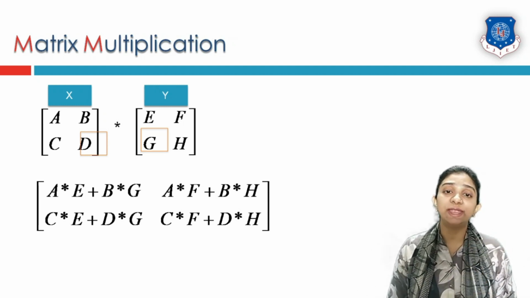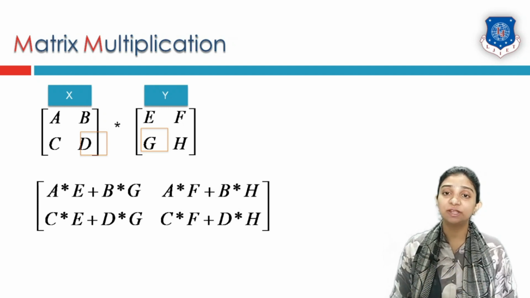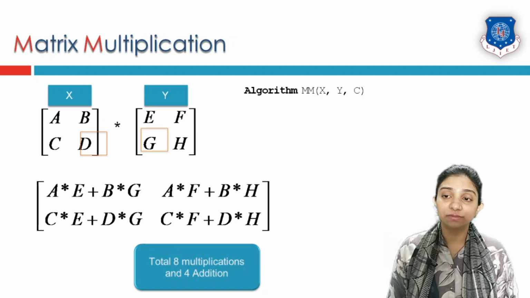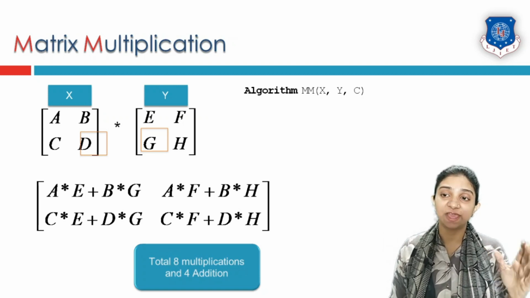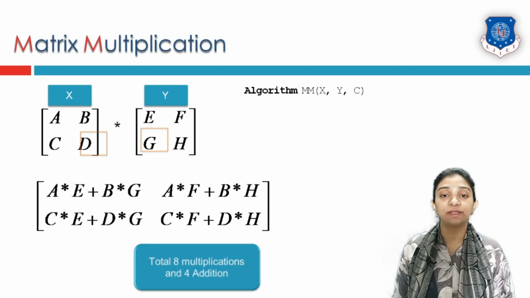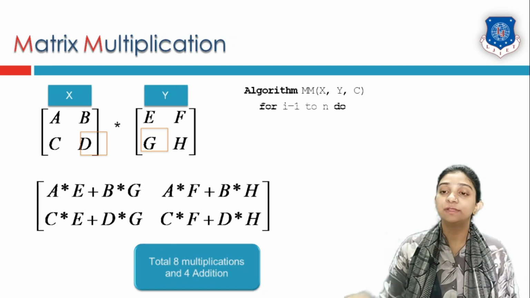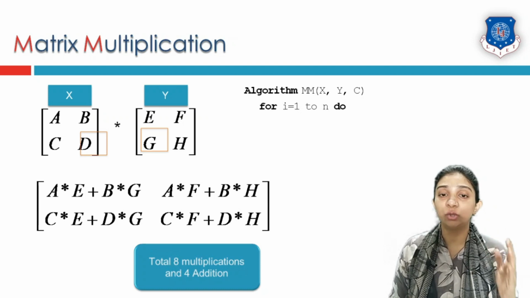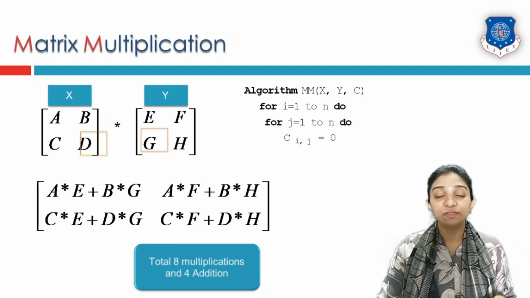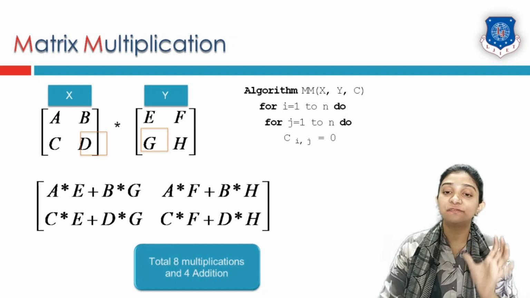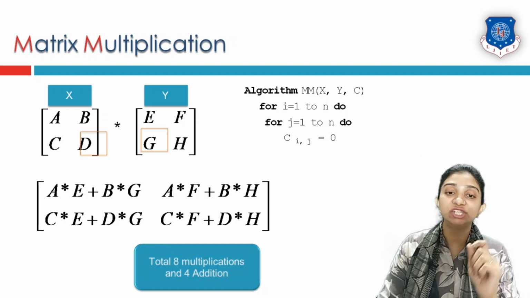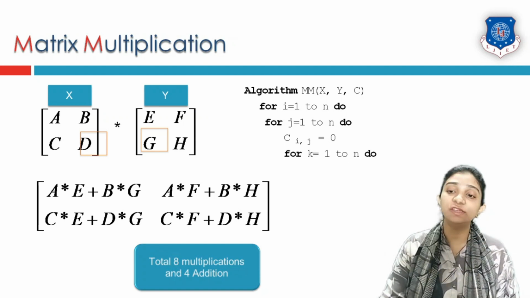If we are going to write an algorithm for this matrix multiplication method, it would be like: algorithm to multiply two matrices X and Y, which is also going to get calculated in a third matrix C. So for i equal to 1 to n, for j equal to 1 to n, C of ij, that means the final matrix row and column number ij, is set to 0.